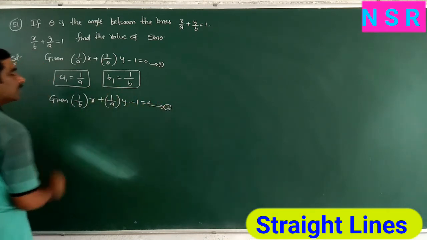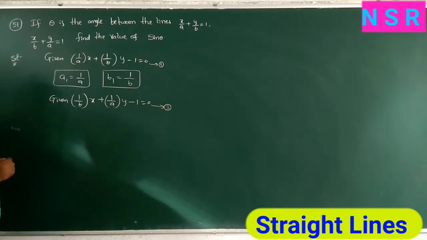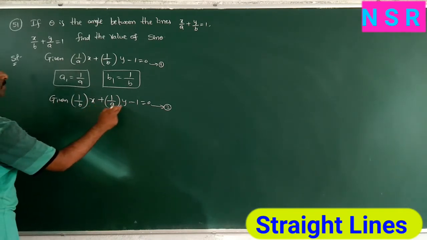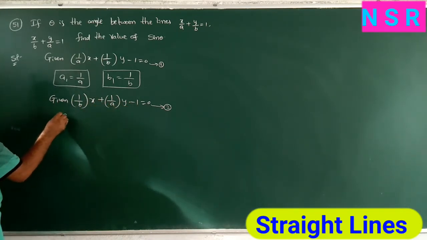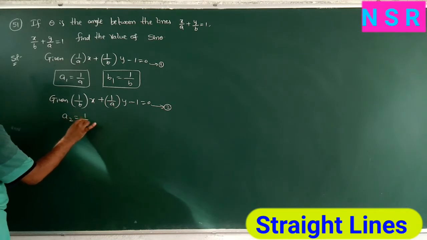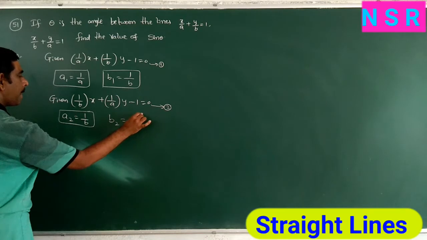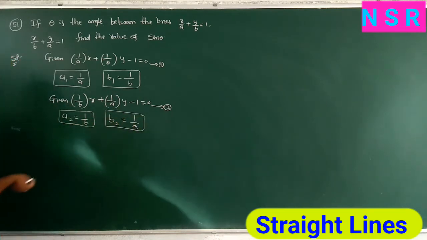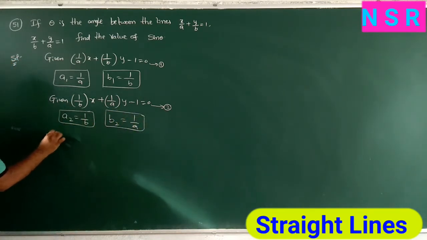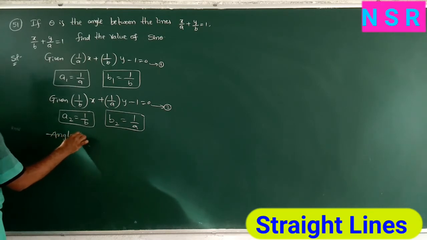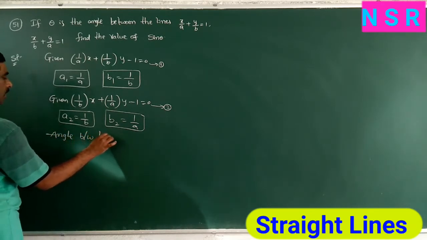That is equation number 2. Now equation 2 compare with a2x plus b2y plus c2. Now a2 equal to 1 by b and b2 equal to 1 by a. So we get a1, b1 and a2, b2 values, for the angle between the lines.